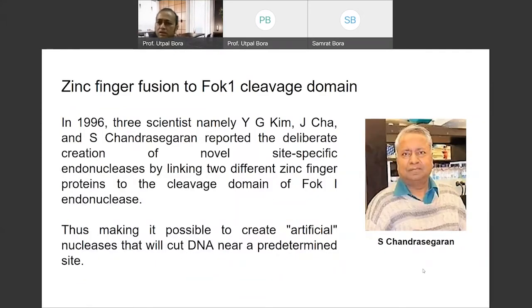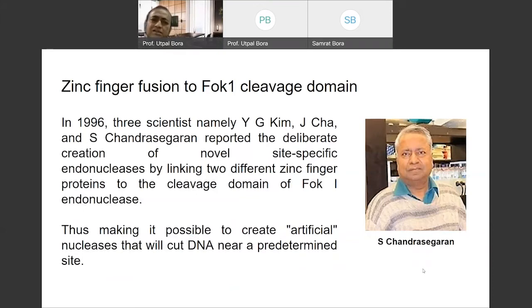So this gentleman that is shown here is one of the pioneers. He is one of the main players who fused the FokI cleavage domain with different types of zinc fingers which recognize specific sequences.